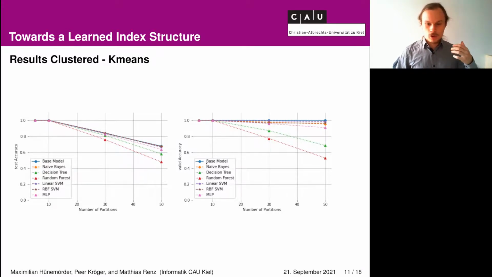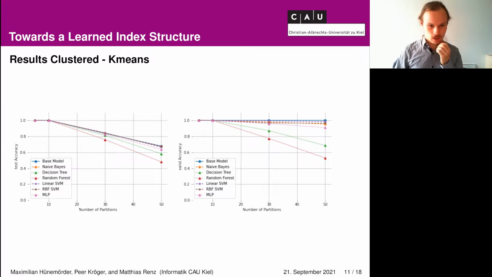It's no surprise that the base model has perfect validation accuracy the whole way through, since it is basically designed to be the same as k-means. And some other algorithms are very close as well, which translates very well to the performance on the test accuracy. The test accuracy is going down the more points we throw in, and also the more partitions we gain from that, since it gets harder to classify with more partitions, and in the clustering there were always 20 clusters, so if you take 50 partitions from 20 clusters, it gets harder to split this.